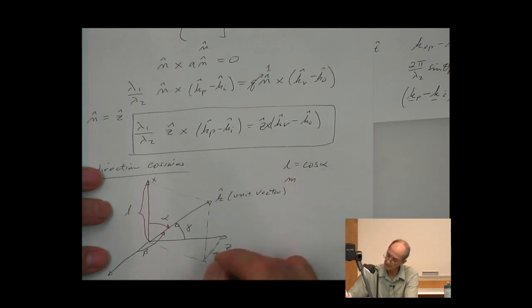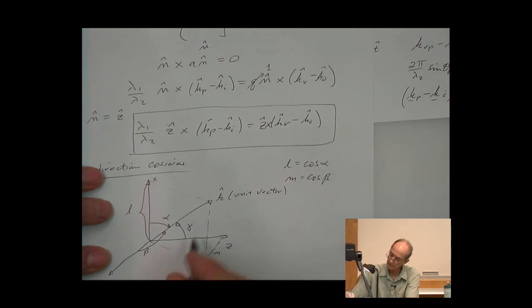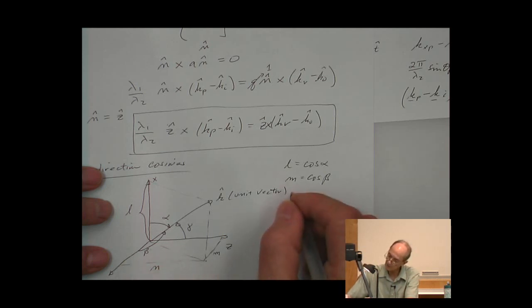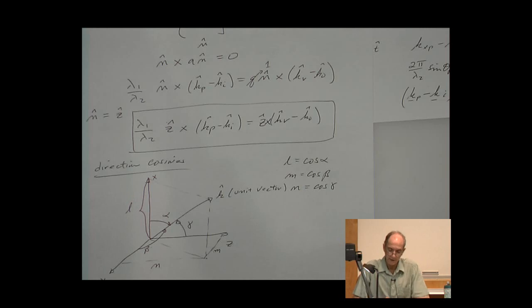So here is M, cosine of beta, and of course the z component is going to be along the z direction, that's n. So we have L, M, and n: cosine alpha, cosine beta, cosine gamma.